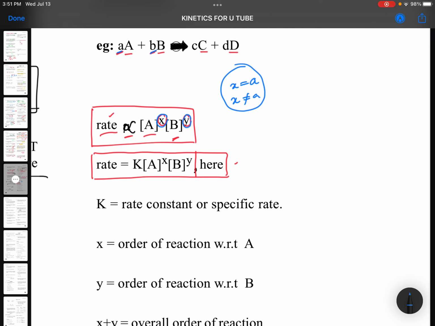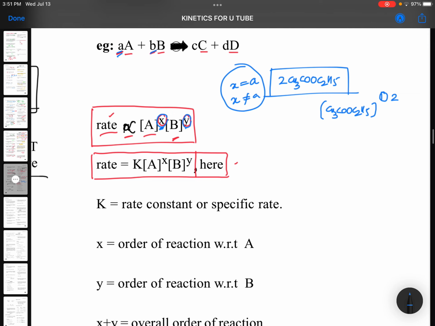For example, take CH3COOC2H5. It may be 2 moles in the equation, but you may not get 2 as the power. Sometimes it may be 1 only, or sometimes it may be 0, or sometimes luckily it may be 2 also. So the stoichiometric coefficient and the power term may be the same or may not be the same.